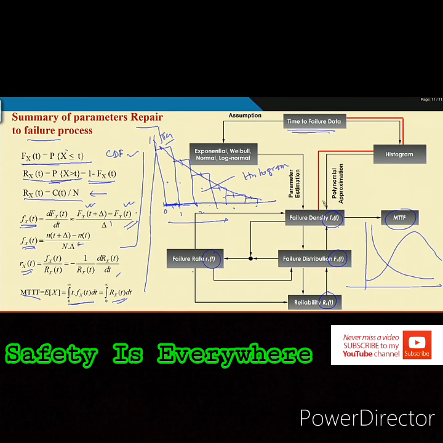Then by polynomial approximation we find the equation of this curve. If this is t and this is f(t), then f(t) can be approximated in terms of t through some polynomial approximation. For example, if this is an exponential, then you can write f(t) equal to e to the power minus λt.